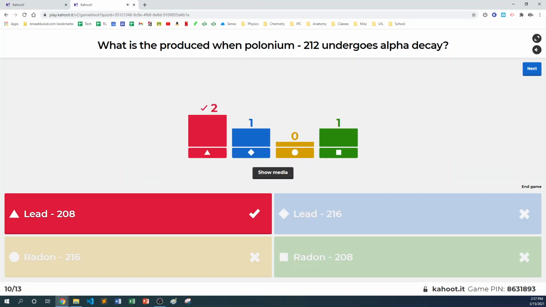Mine's not bad, but I still got it right. I didn't guess that one. You knew it? For real? Yeah, 212, I clicked it. Alpha means it's going to lose a mass of 4. So you have a 50-50 guess. Lead and radon, if you didn't know what 2 elements to the left of polonium was.